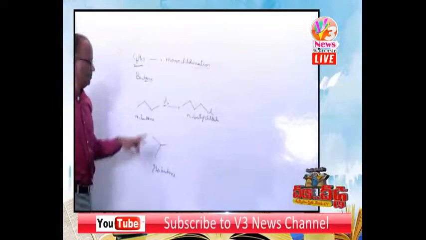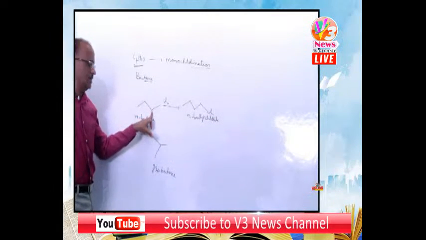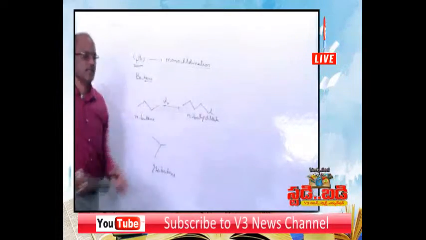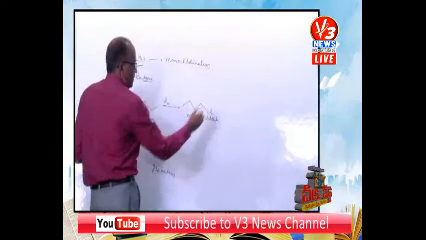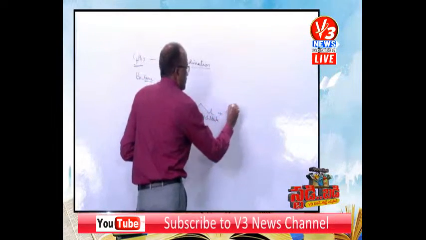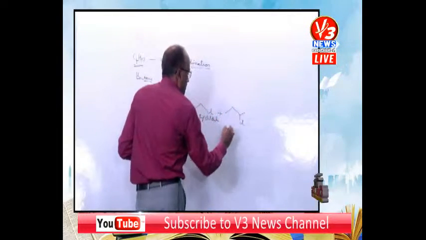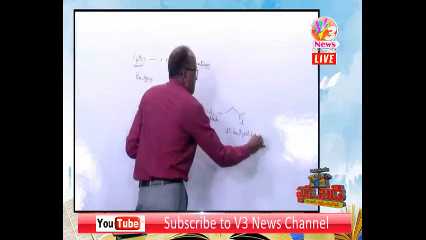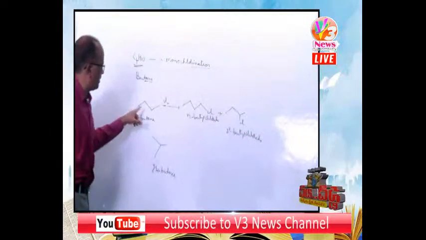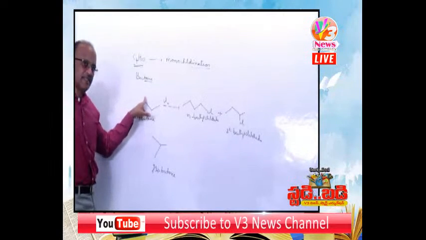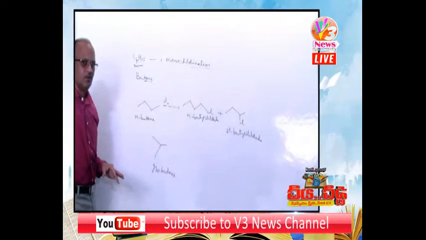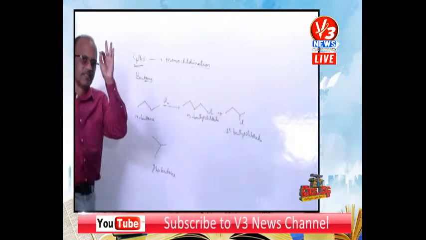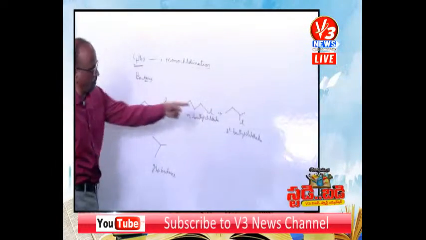Let hydrogen be replaced from this carbon or from this carbon, then we get same compound, that is secondary butyl chloride. Is there any other possibility? No. If it is from this again, we will get same. To know whether formed compounds are same or different, you must write IUPAC names, then only you can distinguish.